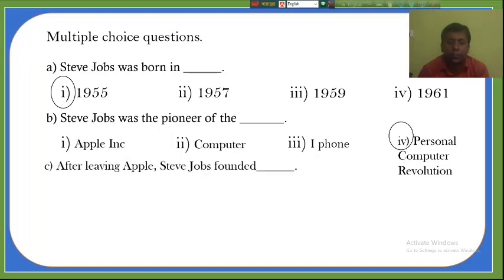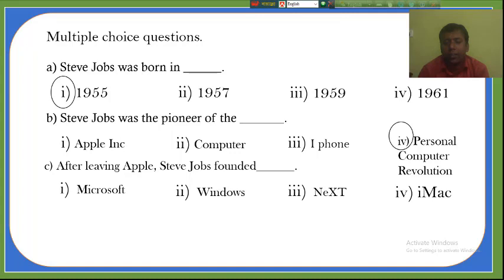Then, after leaving Apple, Steve Jobs founded Microsoft, Windows, Next, iMac. After leaving Apple, Steve Jobs founded Next.